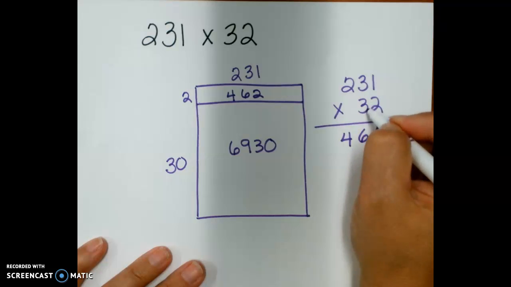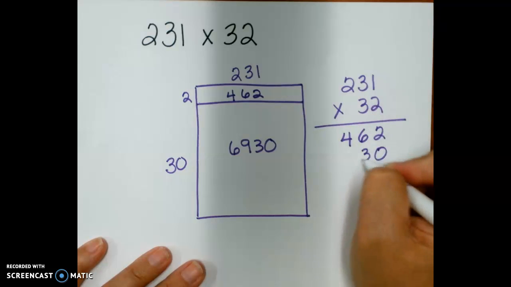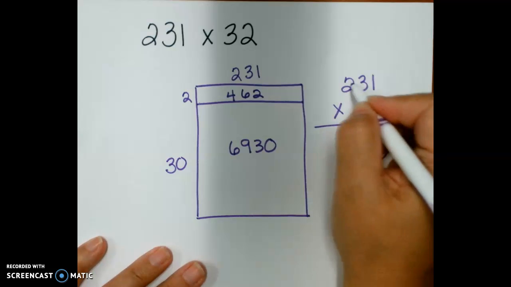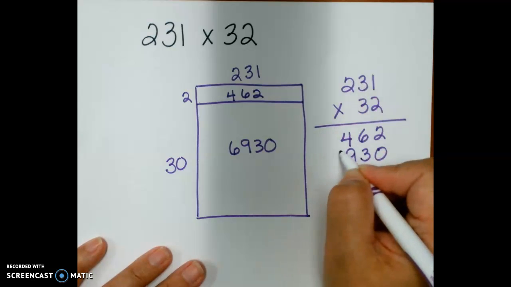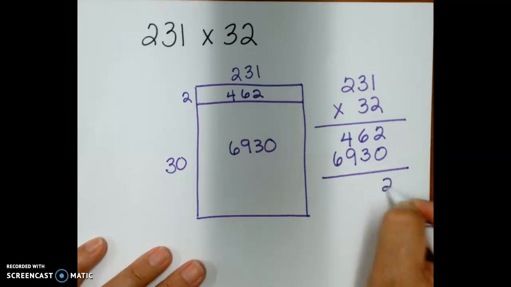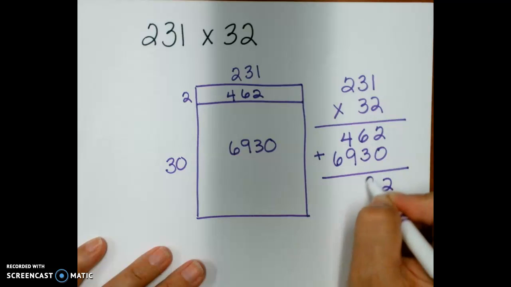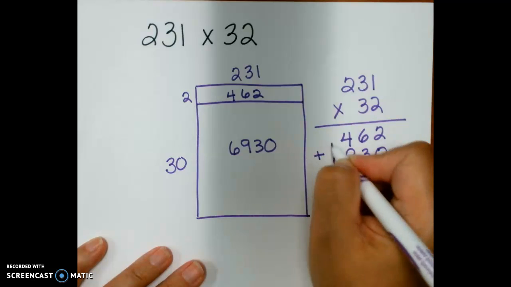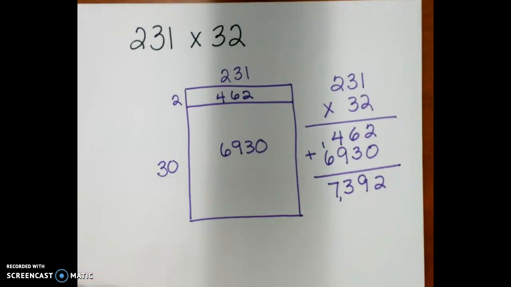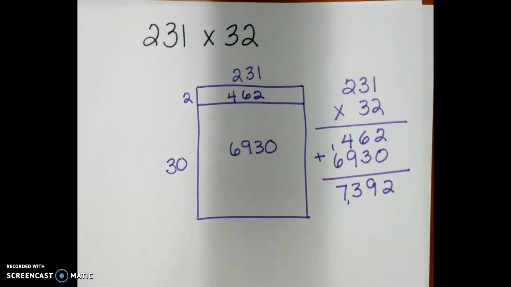So 3 times 1 is 3. 3 times 3 is 9. And 3 times 2 is 6. And when I add these together, I get 7,392. Okay, if you have questions, please let us know.